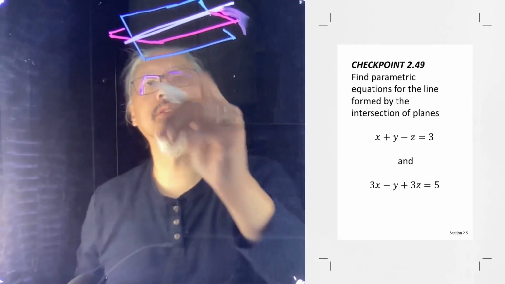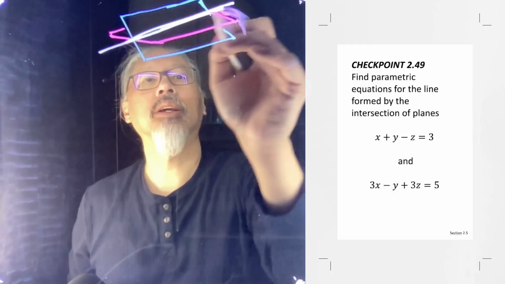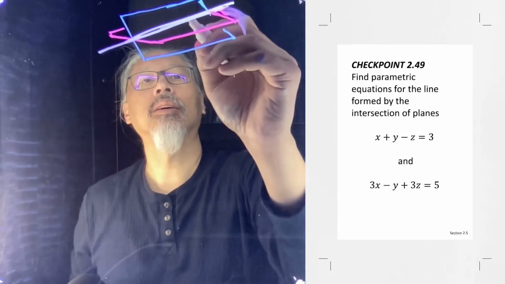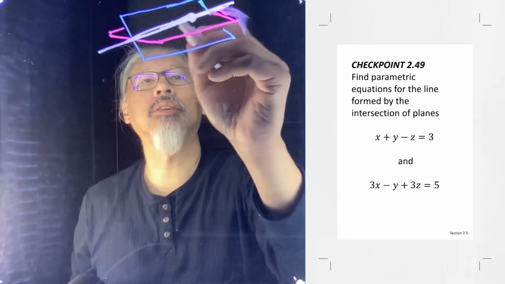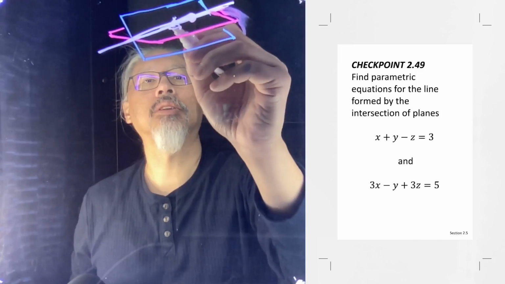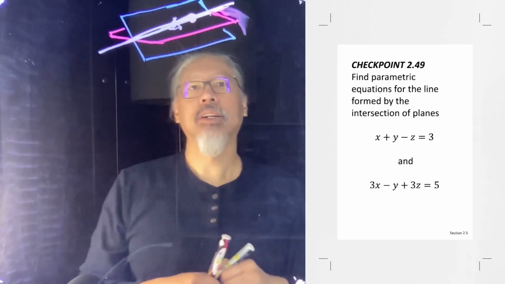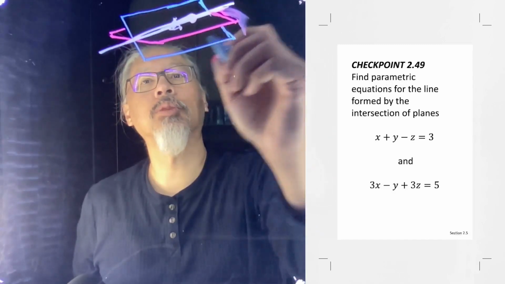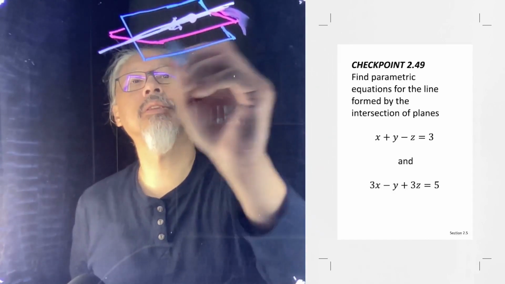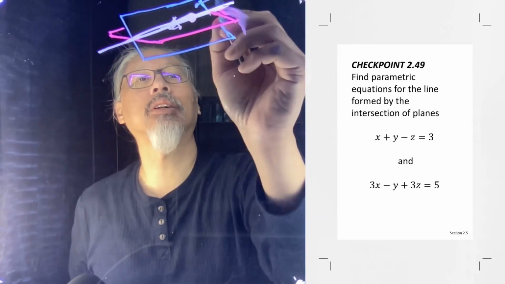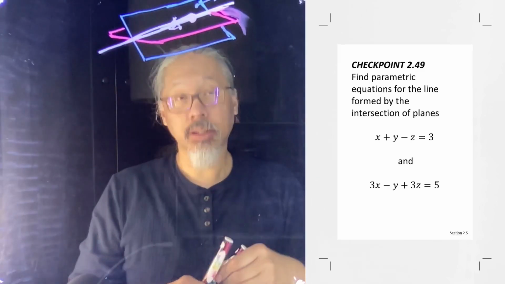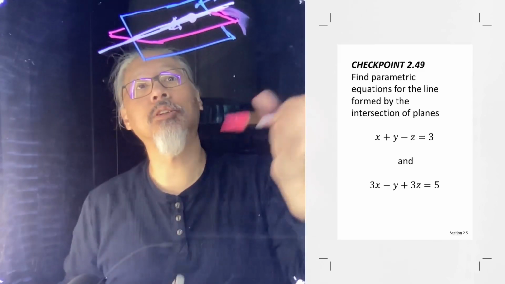To find an equation of the line, we need a point and a direction. Let's focus on the direction first. In order to get the direction, we're going to take advantage of the normals to the first two planes. This plane has a normal vector, and the other plane also has a normal vector.